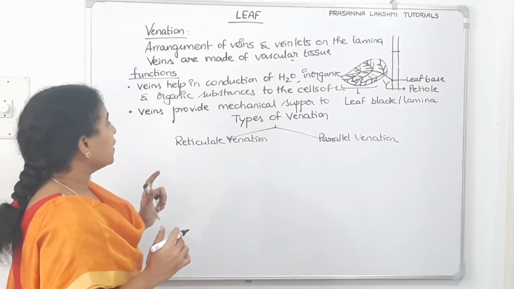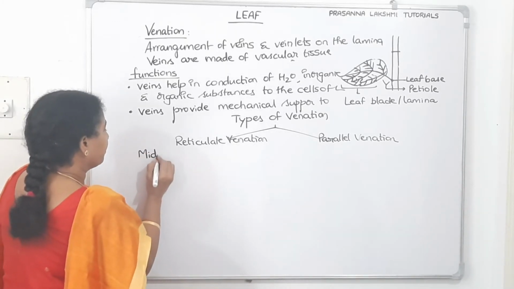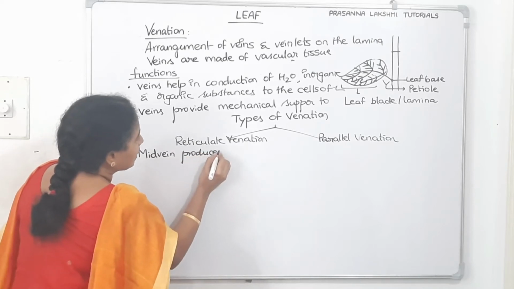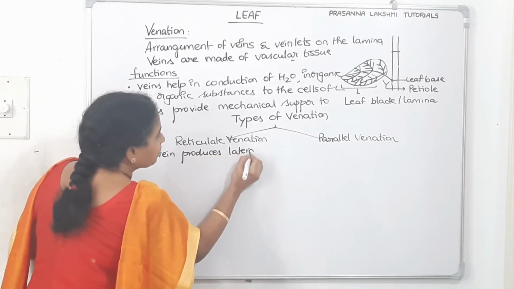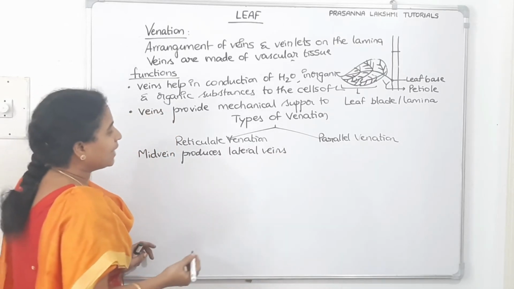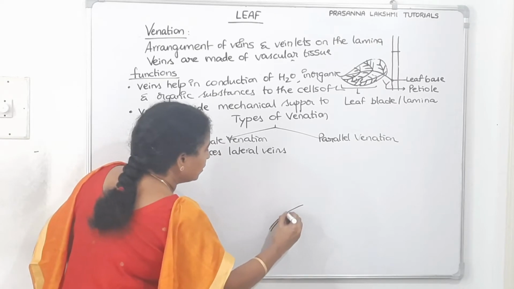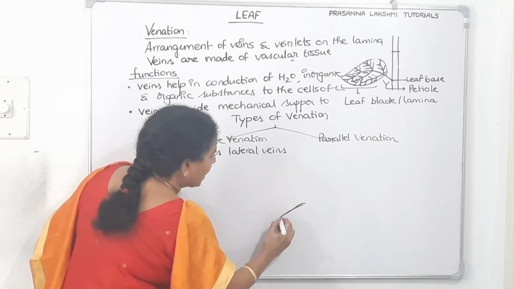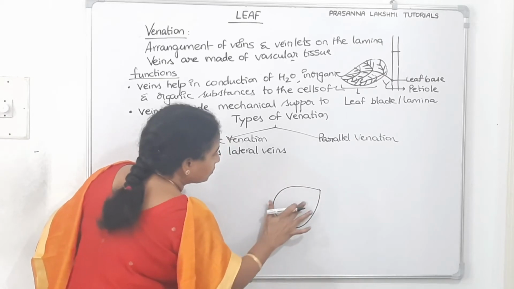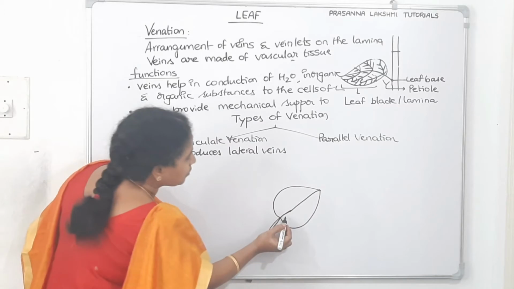So, in reticulate venation, the midvein or the midrib produces lateral veins. For example, here is the midvein and it is producing many lateral veins.